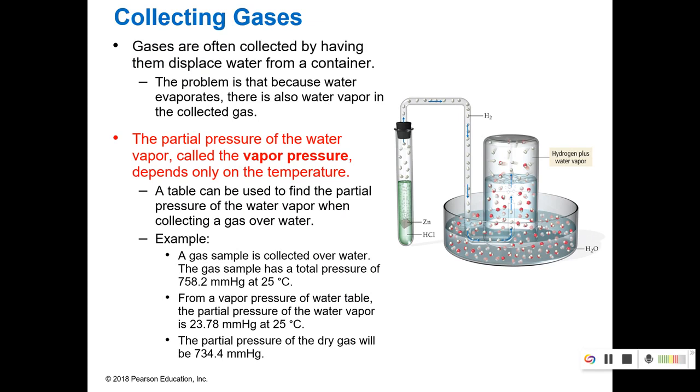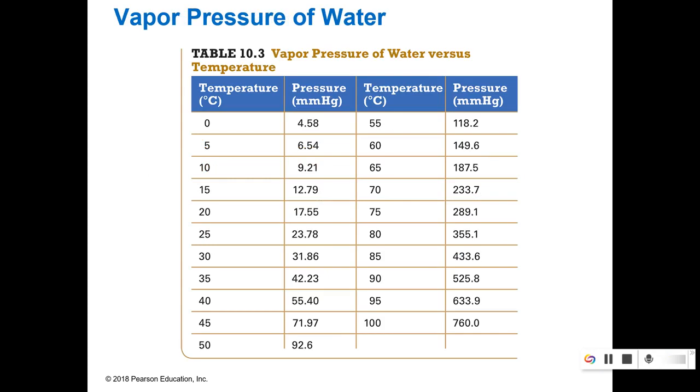So at different temperatures, the vapor pressure is different. And here we can see, again, this is in Celsius. Remember, all calculations need to be in Kelvin. But this is the one we normally use, the 23.78 millimeters of mercury. That's about room temperature, 25 Celsius. And then they go up from there.